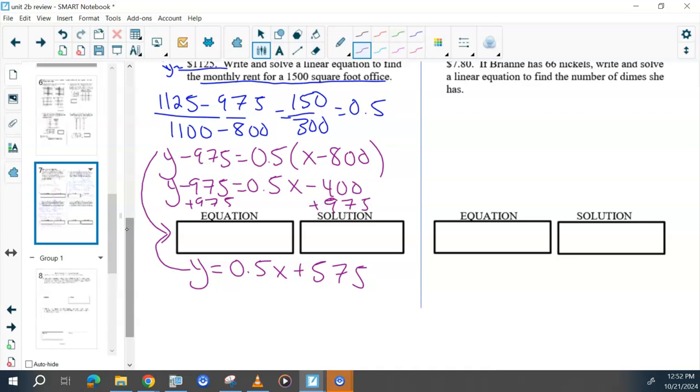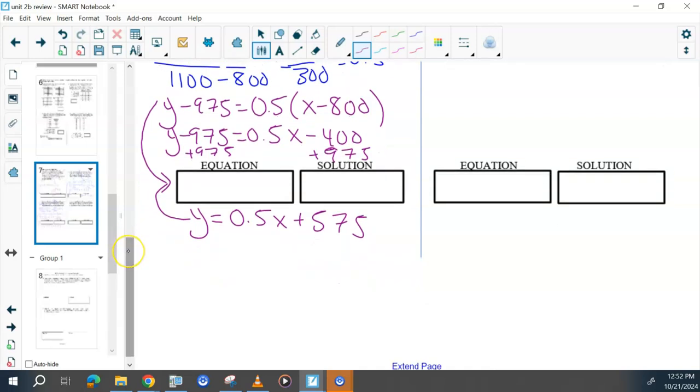And then the very last step, so we found our equation, but now we have to use that equation to find the monthly rent for a 1,500 square foot office. So since the square footage was X before, we're going to put that back in for X. And figure out what Y is.